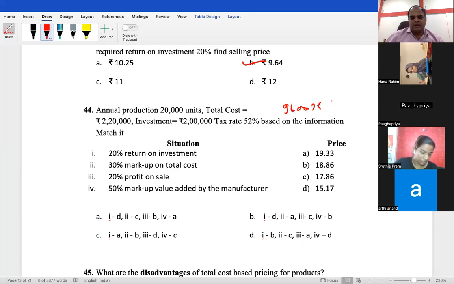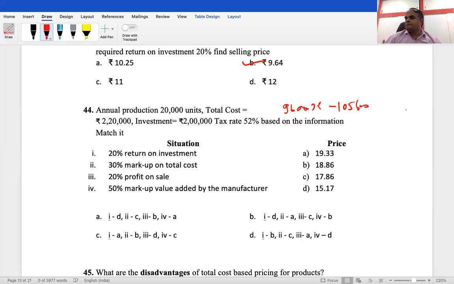Minus, same manner, 48% on 2,20,000 is equal to 1,05,600. That should equal 20% on 2 lakhs. Am I right?